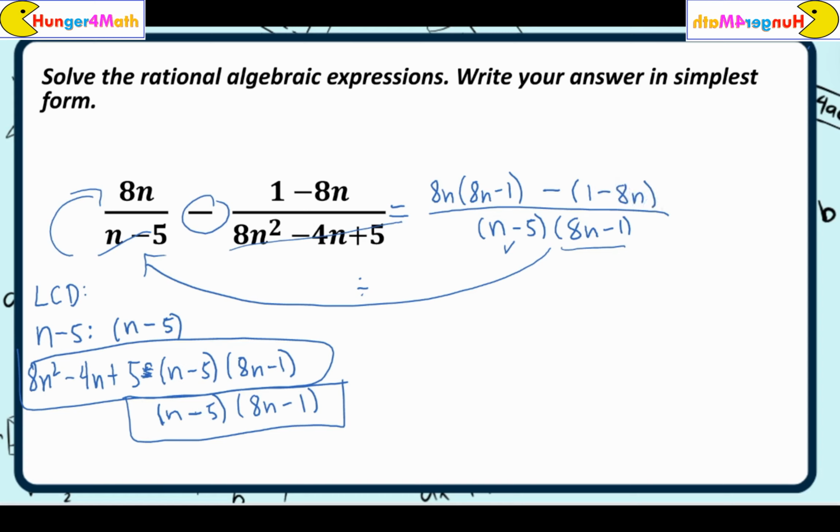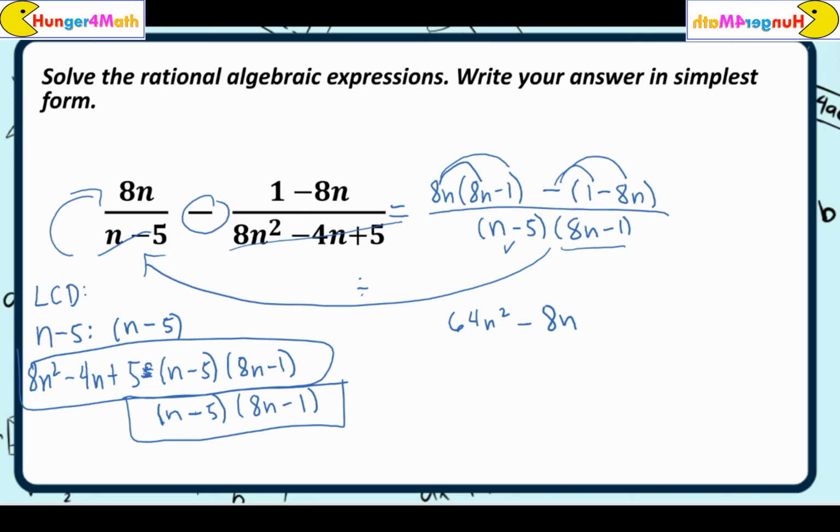Now let's simplify. So 8n times 8n is 64n squared. 8n times negative 1 is negative 8n. Now in subtraction, we have to change the operation or sign here in our parenthesis, or just simply multiply each term by negative.